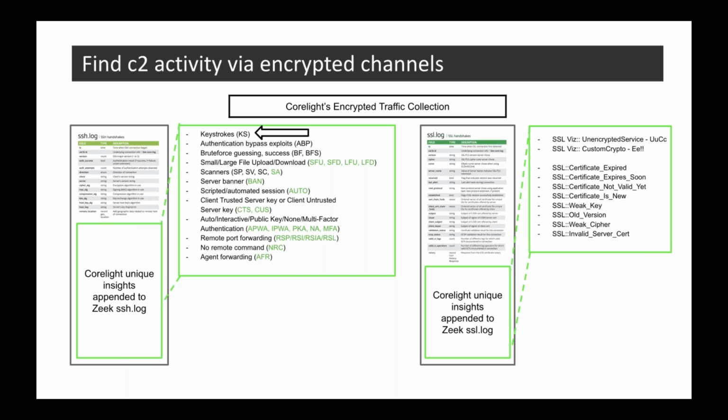The second example, I think, is, let's see, in the SSL log, we also have a couple inferences that are used here. One is called custom crypto, and so this just means that essentially we're seeing a connection that does not use the traditional TLS negotiation.